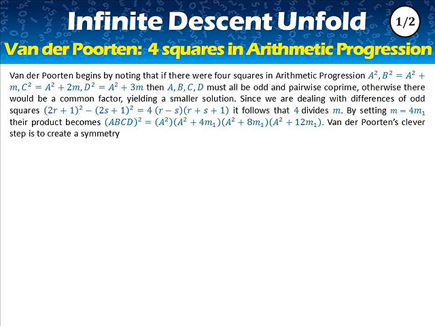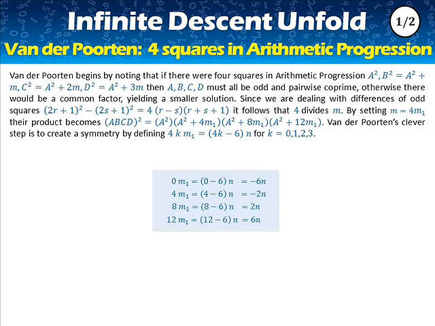Van der Poorten's clever step is to create a symmetry by defining 4k m sub 1 as 4k minus 6 times n, for k equals 0, 1, 2, and 3. Thus, abcd squared expands as the product of a squared minus 6n, a squared minus 2n, a squared plus 2n, and a squared plus 6n.